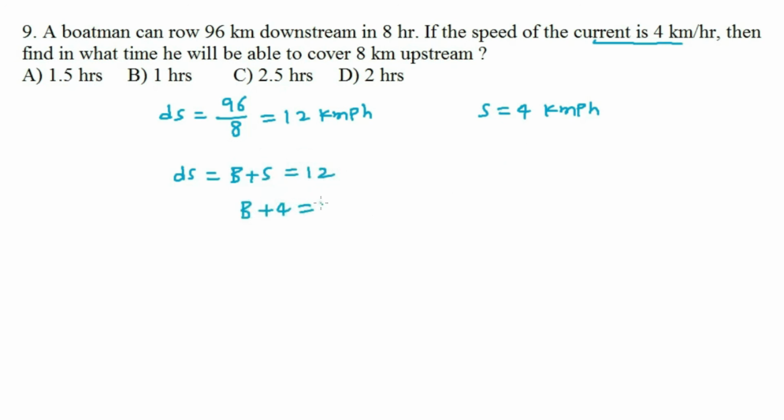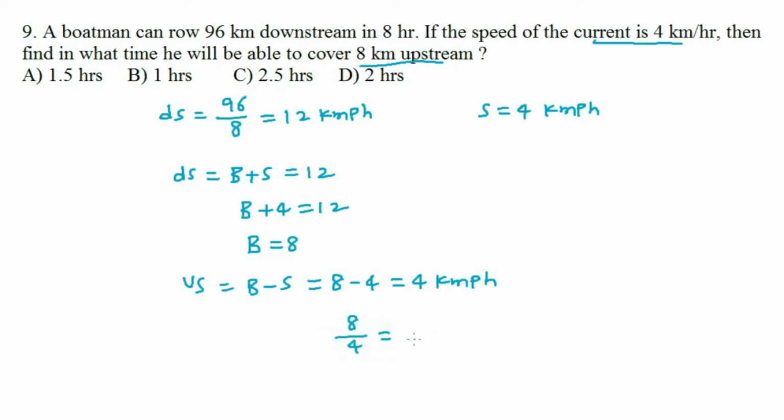B plus S value substitute here. So B plus 4 equal to 12. B equal to 8. Upstream speed equal to speed of boat in still water minus speed of the current equal to 8 minus 4 equal to 4 km per hour. So required time equal to upstream distance 8 kilometers divided by upstream speed 4 km per hour, equal to 2 hours.